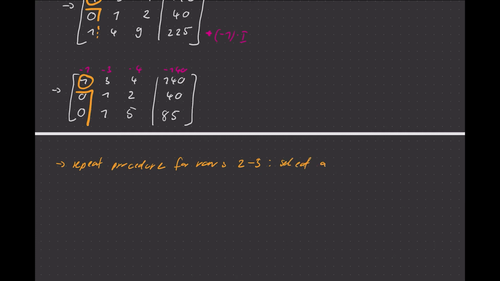Select a leftmost non-zero element as pivot, which would mean now columns 2 to 3. Don't select the pivot from column 1 anymore.